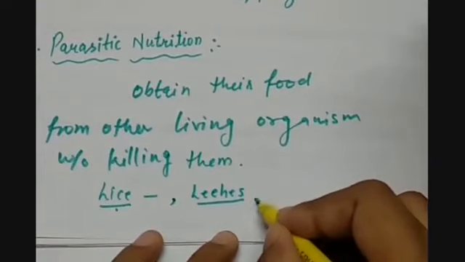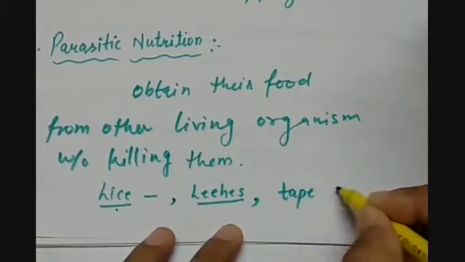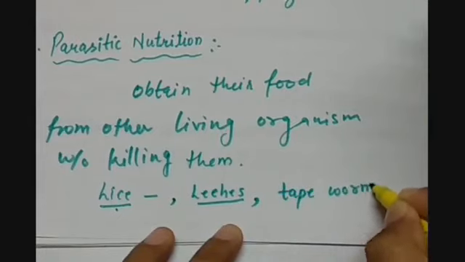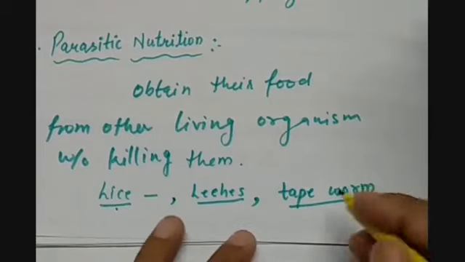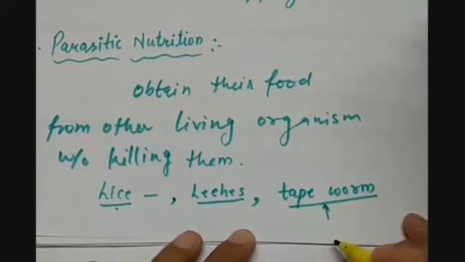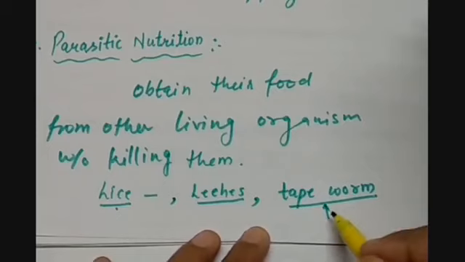One more example can be the tapeworm. Tapeworm is found in humans and animals both, and it is generally found inside the intestine of organisms like humans and animals, and it absorbs the nutrients from the intestine.